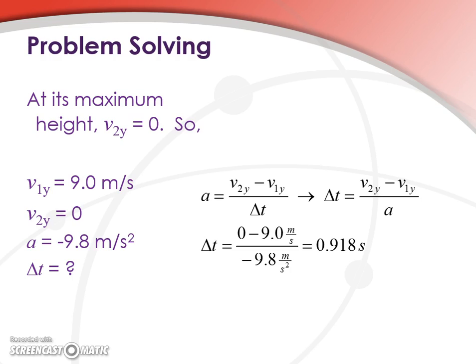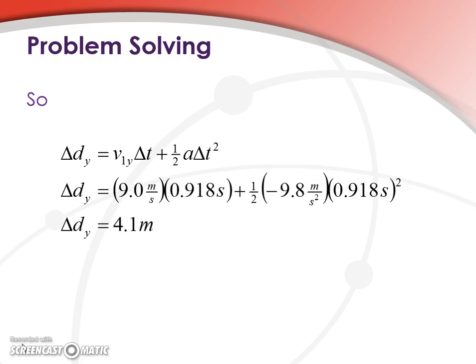We simply used our formula for acceleration in order to find the amount of time that the object took to go from release point to the apex, to the top of the parabola. And of course, if we wanted to, we could use that time to find how high up the object went before it reached the apex.